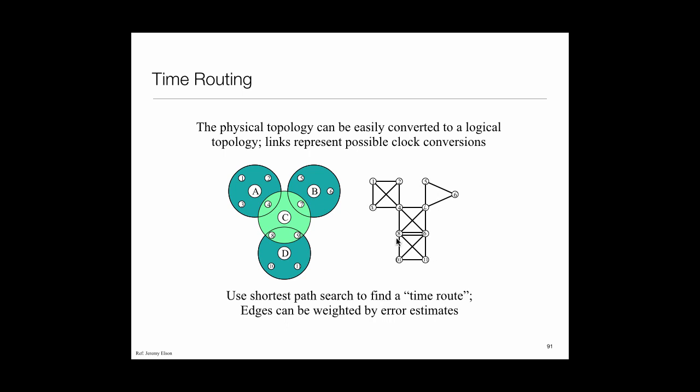The time synchronization problem is of a very similar flavor: I have a bunch of pairwise measurements telling me how far apart two clocks are, and your goal is to assign a single number, a single drift number or time value, to each of the nodes such that those constraints are maximally satisfied.